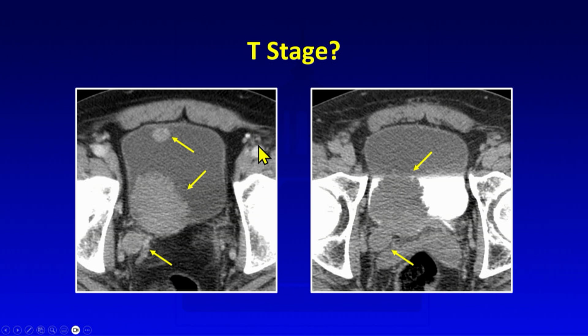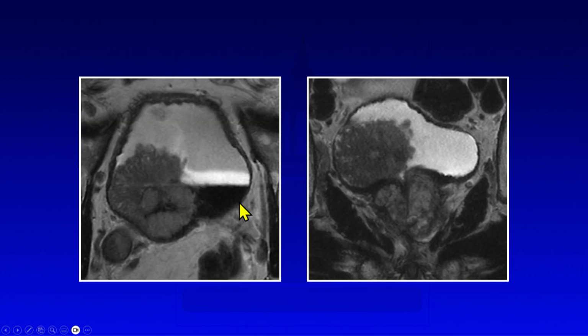So in this case that I showed earlier, what is the T stage? This tumor is pretty big, but on CT, frankly, it is difficult to resolve the muscle layers to determine how deep the invasion is. So the patient went and got an MRI. The muscularis is this low signal intensity line that goes all the way around.